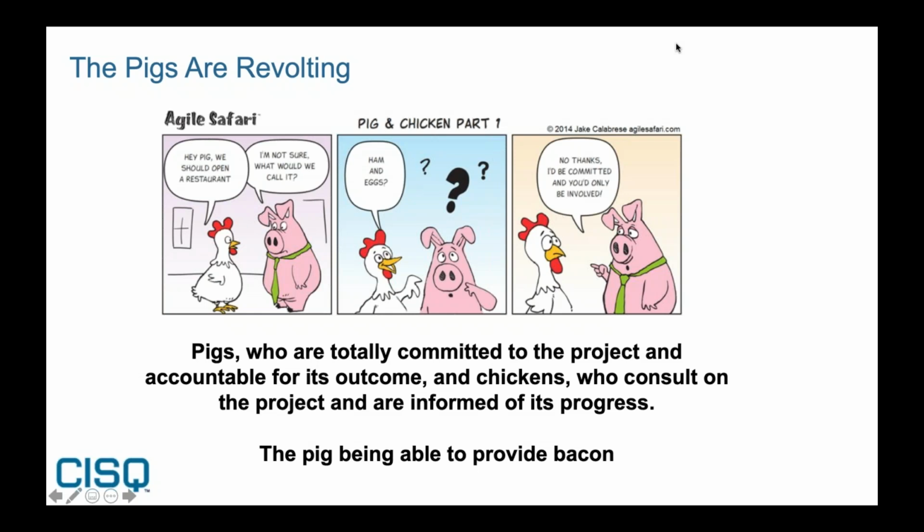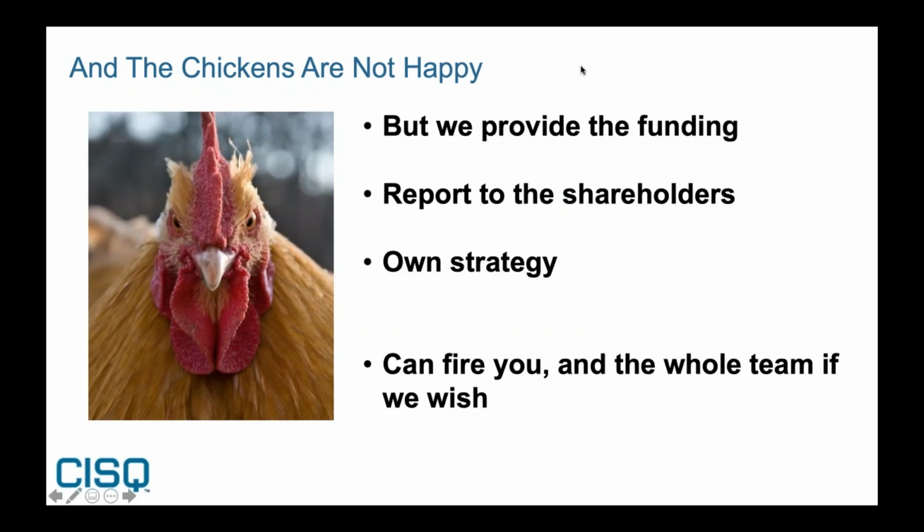But the trouble, more worryingly, is that it doesn't actually reflect the reality of the world. The reality is the chickens provide the funding. They are the major report to the shareholders. They own the strategy. The chickens can fire their pigs, or they can go to a different supplier.